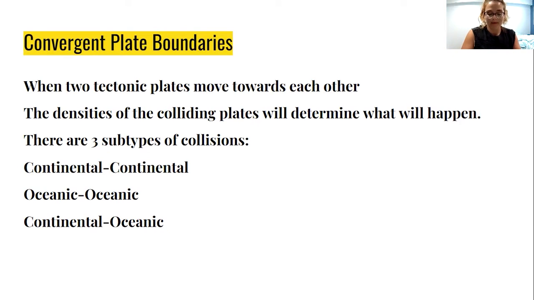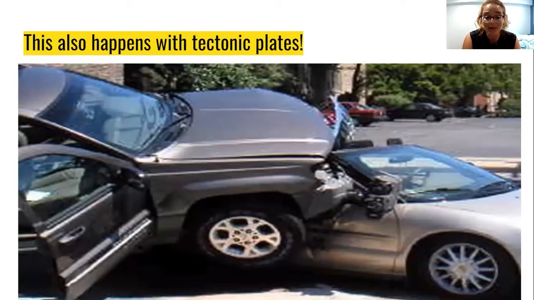All right. I want you to think about where else you've seen something colliding together. What's another time you've seen that in your world? Let's bring it to your world. If you said a car accident, you were correct. So this is essentially what happens with tectonic plates.